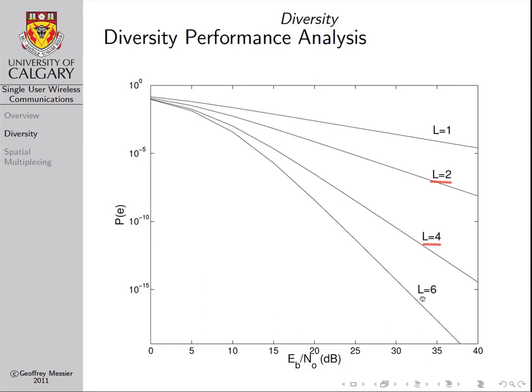And when we go from 4 diversity paths to 6 diversity paths, we've added exactly the same incremental number of additional paths. However, we can see that the incremental performance improvement we've achieved is less than when we went from 2 to 4. And that's again because diversity sources add on the basis of diminishing returns.